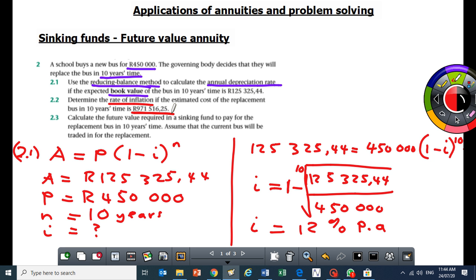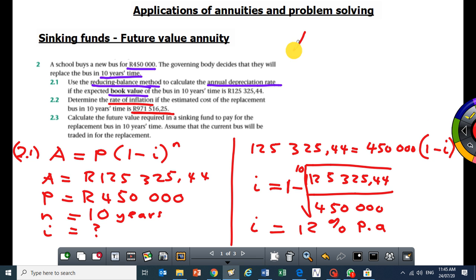So we need to calculate what the inflation rate is. Now, if you remember very well, in grade 10, when you did inflation rate, we used the compound interest formula, the appreciation one. That's the formula that we use for all calculations involving inflation rate.